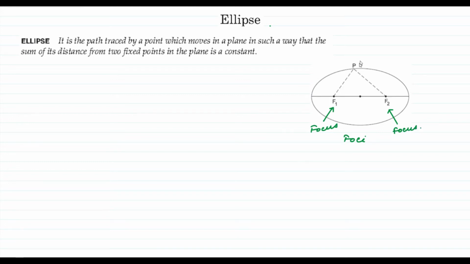P is any point, say with coordinates x, y, following a particular criterion: the sum of the distances from F1 and F2 always gives a constant result. So following this condition, the locus of the point P gives an ellipse.